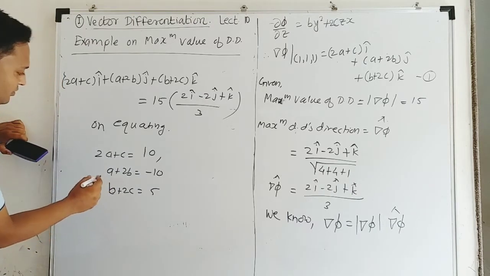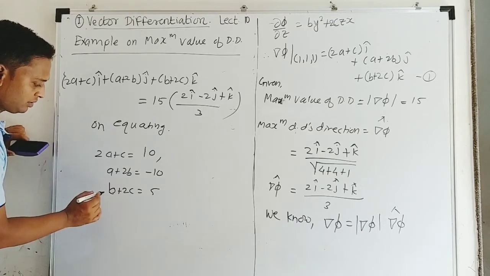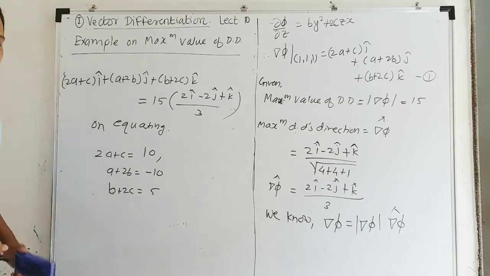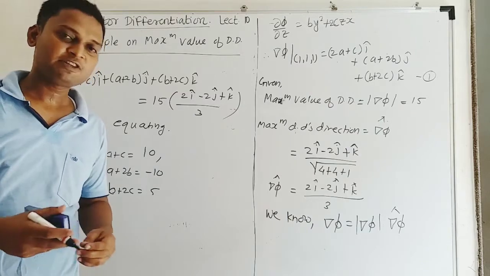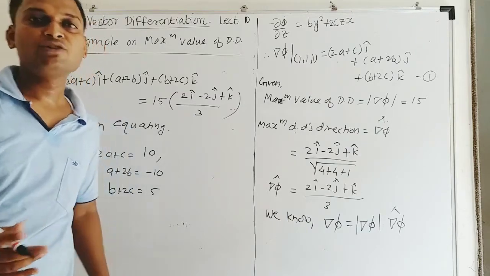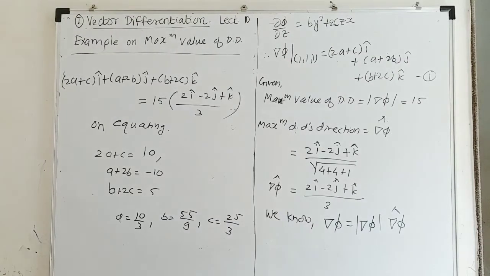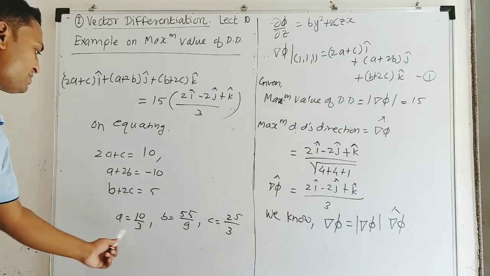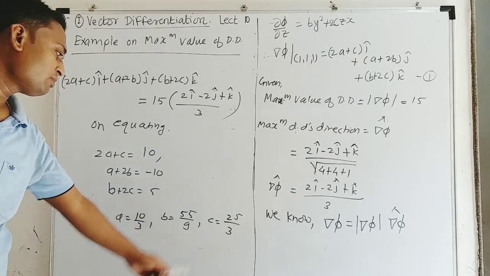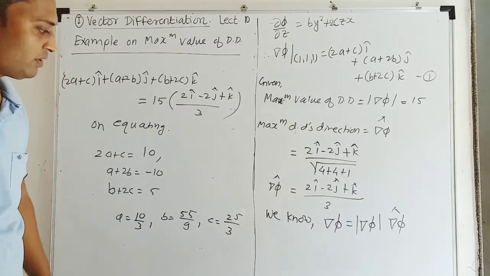If I multiply this equation by 2, or we can solve this on a calculator. So on solving on a calculator, you will get the values of A, B, C as A equal to 10 by 3, B equal to 55 by 9, and C equal to 25 by 3.